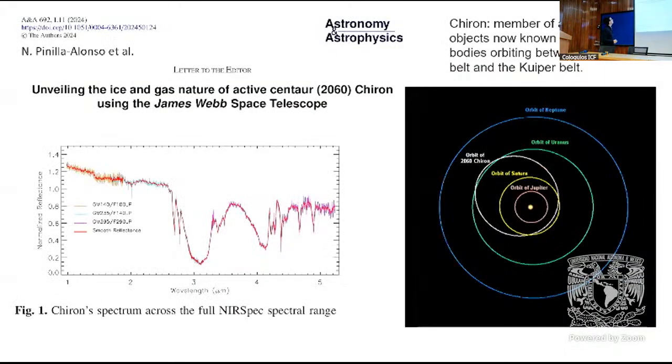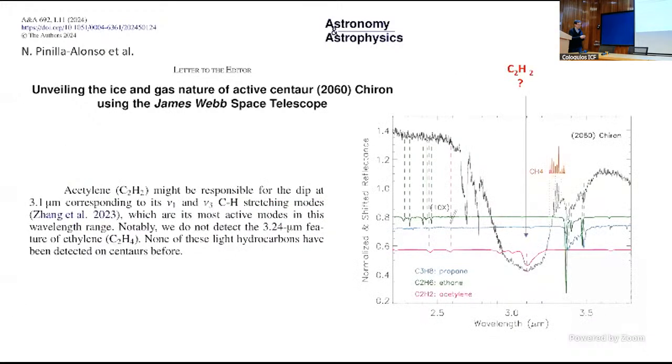This is also 24. And this is about Quaoar, another kind of object. And they have their data. And there's something here that they want to know. They are not sure, but they think it's related also to C2H2, with more details here.